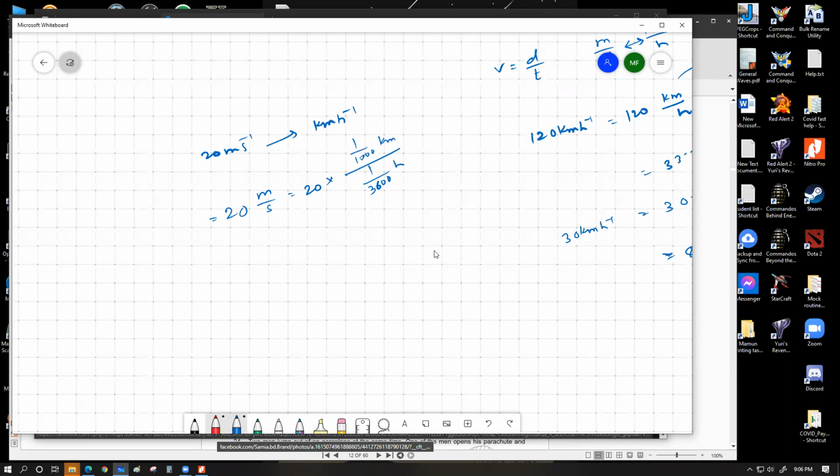So that's the way I prefer to do this to avoid any type of miscalculation, which brings us to the idea 20 into 3600 divided by 1000 kilometer per hour, which is 20 into 36 by 10. So actually I can cut off all the zeros and get rid of the whole thing. 1 2 3 1 2 3, so 72 kilometers per hour.